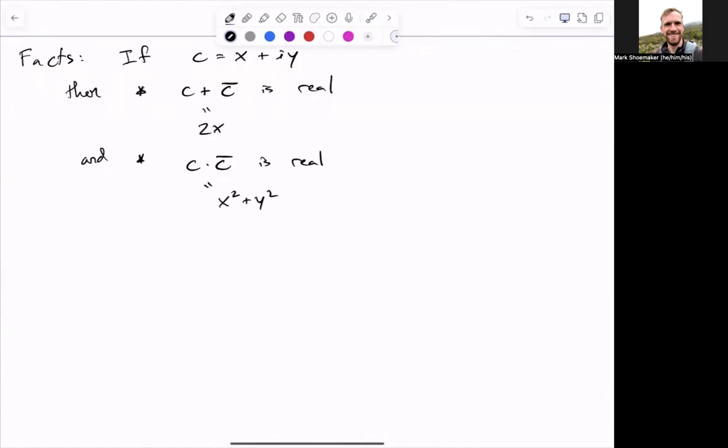And these two facts together imply that if I take the polynomial x minus c times x minus c conjugate, this is going to have real coefficients. Because what is this? This is x squared minus c plus c conjugate times x plus c times c conjugate.